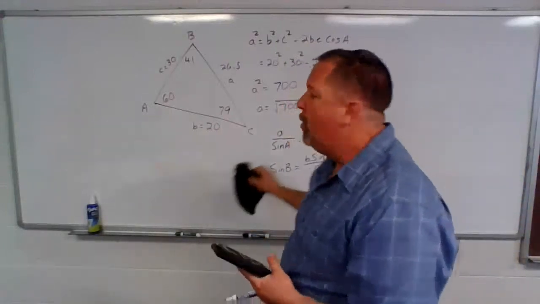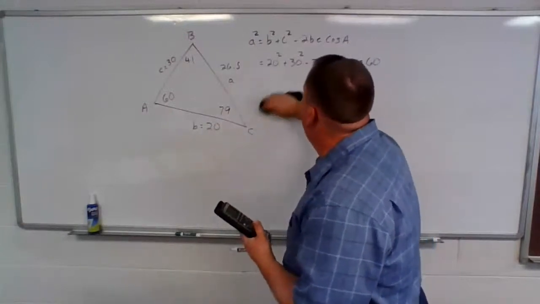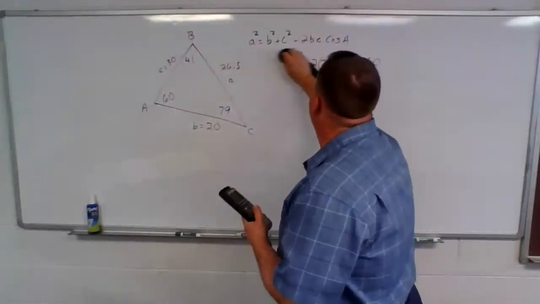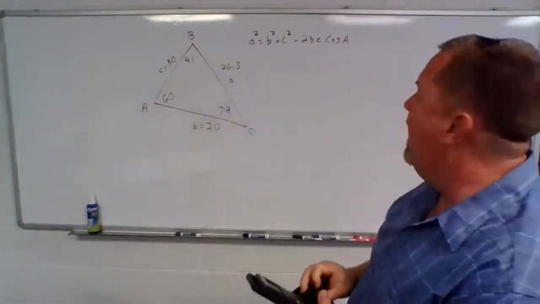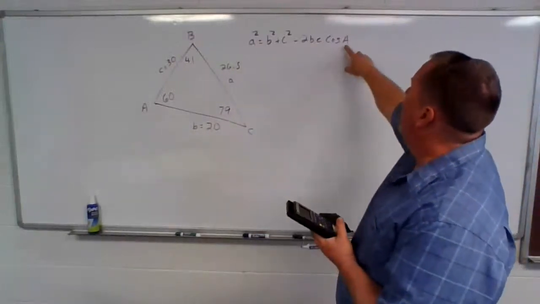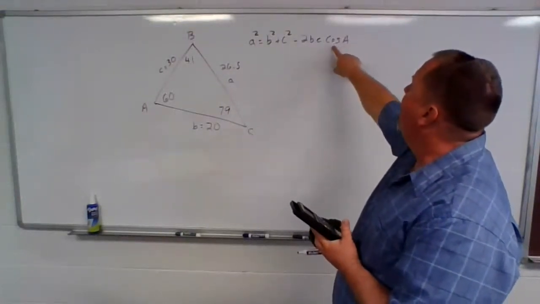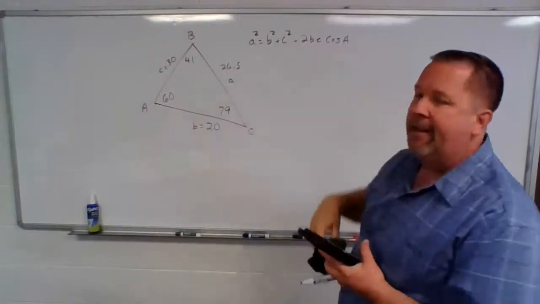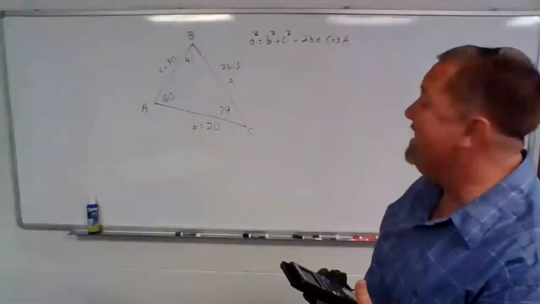I'll point out to you real quick that when we do have right triangles, if I had a right triangle, and this was my right angle, my 90-degree angle, you may remember that cosine of 90 degrees, last chapter we were calling it pi over 2, cosine of pi over 2 is 0.